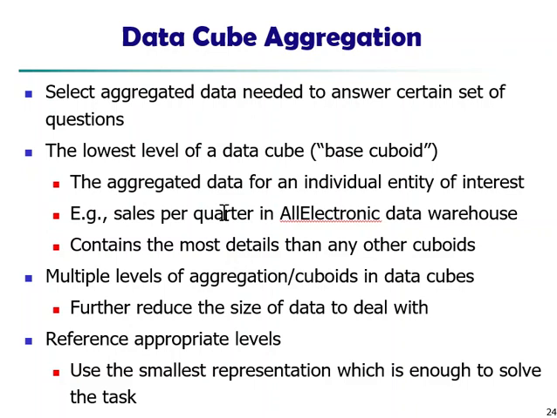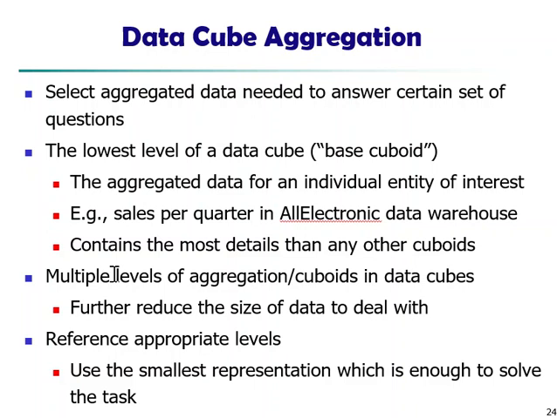For example, at the beginning, we have sales per quarter, and then at a different level, we could have sales per year or per 10 years. So you get the idea that we can aggregate the data, the higher level we go in this cuboid ladder. We're going to talk about this in more detail later.